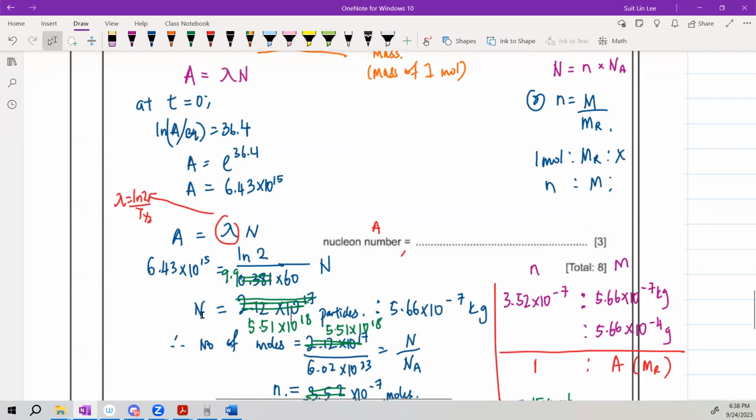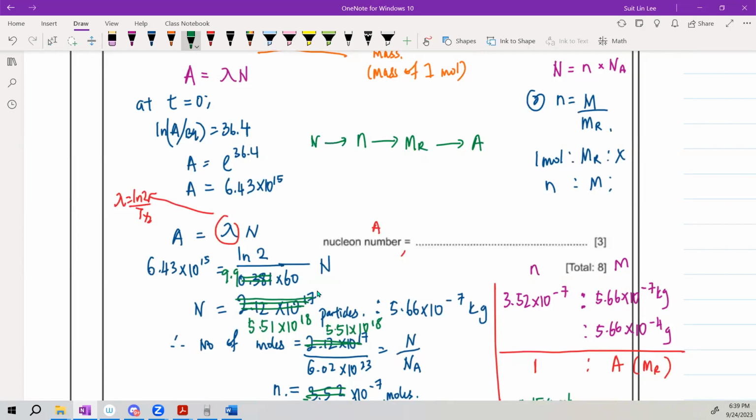And then from here, I can find the number of particles. I wasn't able to tell whether the answer was correct or not because these two numbers are not that far apart. Then I can find the number of moles, because if I can find the number of moles, I can find the molar mass. If I can find the molar mass, I can find the nucleon number.